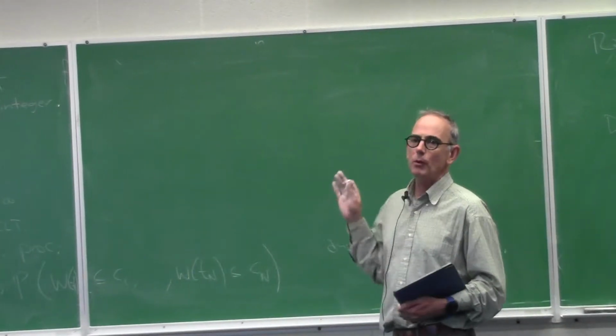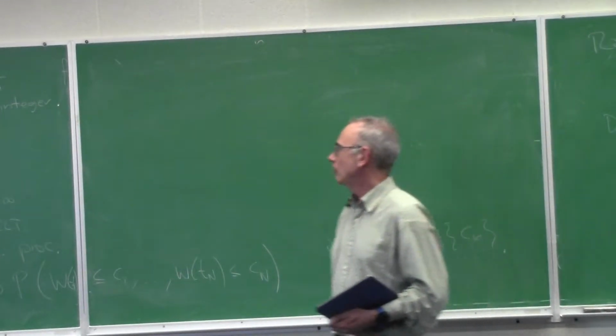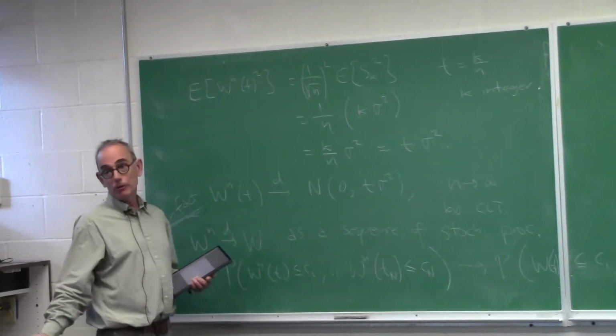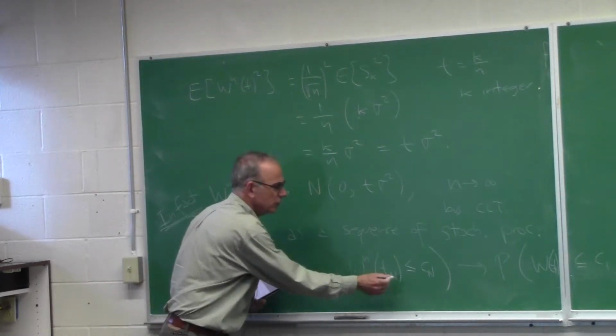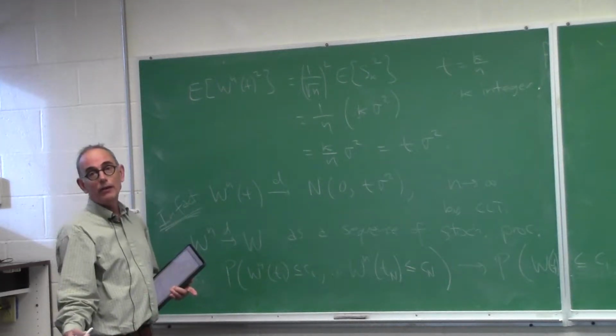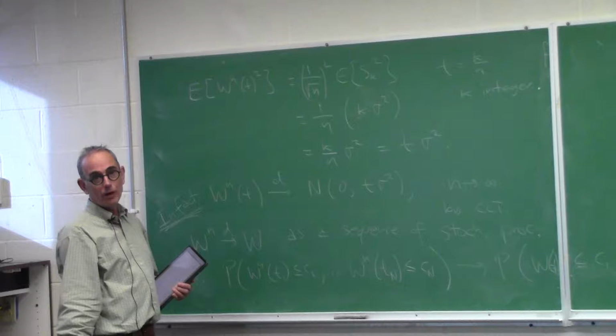So this is the trick that you always do, you make things finite dimensional. So you basically have a stochastic process here, but you define a random vector, in this case a capital n-dimensional random vector, and you look at the joint CDF for that random vector.